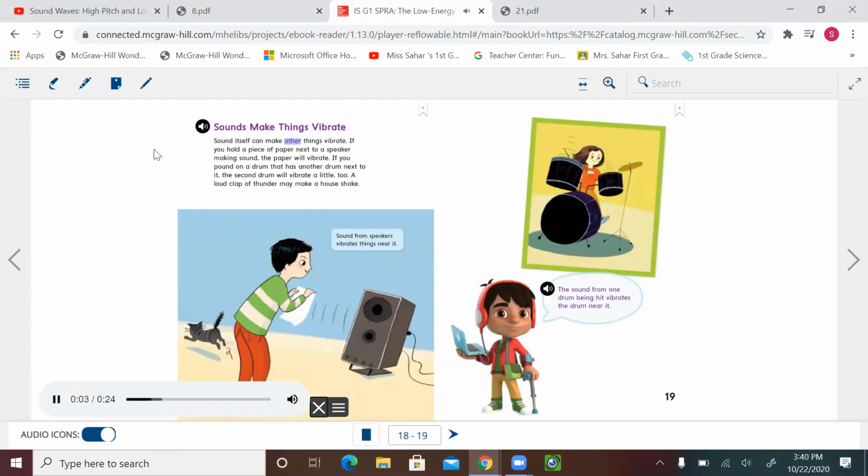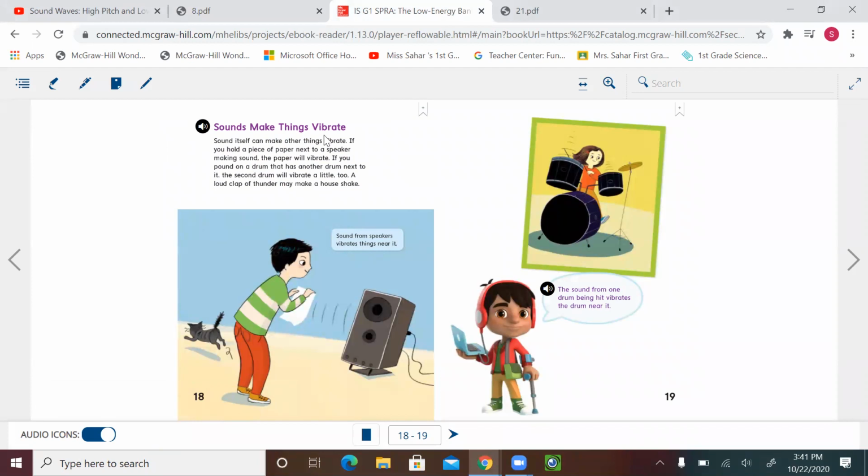Sound itself can make other things vibrate. If you hold a piece of paper next to a speaker making sound, the paper will vibrate. If you pound on a drum that has another drum next to it, the second drum will vibrate a little too. A loud clap of thunder may make a house shake. Sound from speakers vibrates things near it.